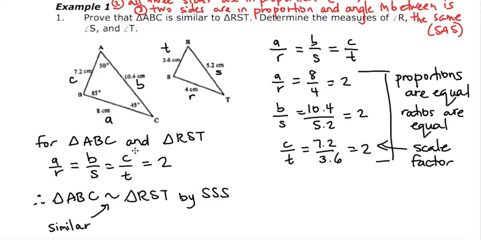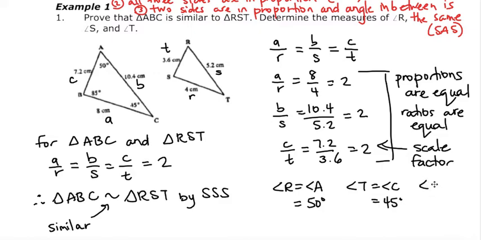So because these triangles are similar, now we can determine what the measurements are for angle R, angle S, and angle T. So I know that angle R has to be the same as angle A, and angle A is 50 degrees because angle R and A are in the same spot. I know that angle T has to be the same as angle C, and C is 45 degrees.